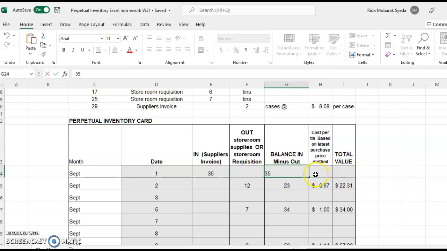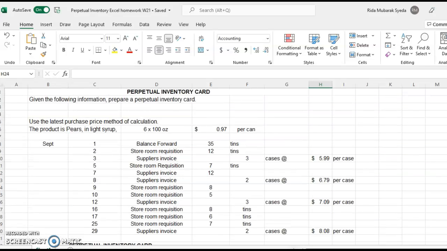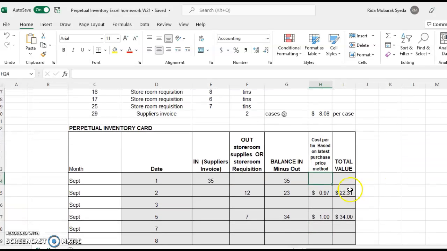And so for cost per tin, when we go on the top, it says 95 cents per tin. So we'll use that price as our cost per tin. And so for the total value, we are supposed to multiply 35 by 97 cents.